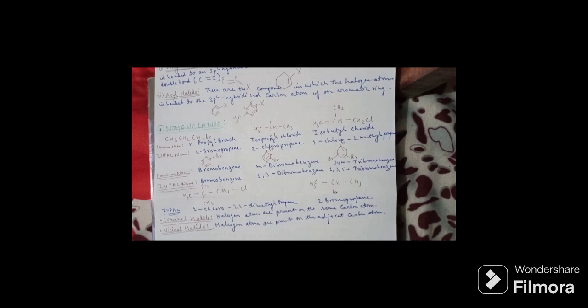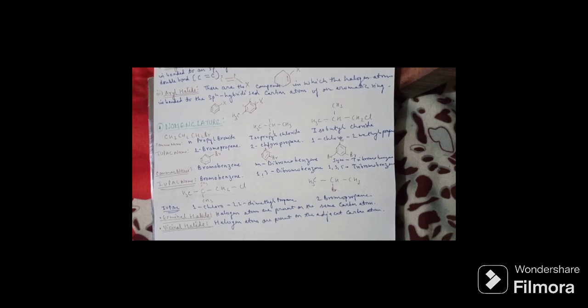In the IUPAC system, they are named as dihaloalkanes, and here we have the common name and the IUPAC name as well. So we go for it.